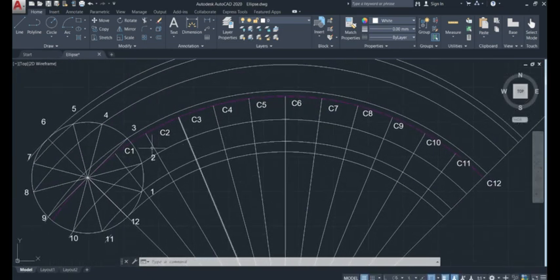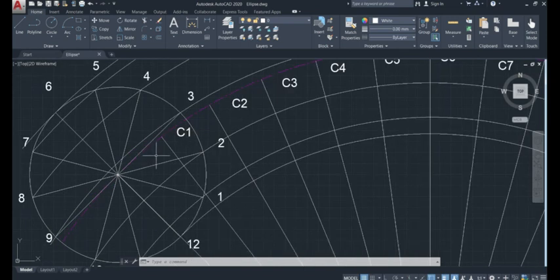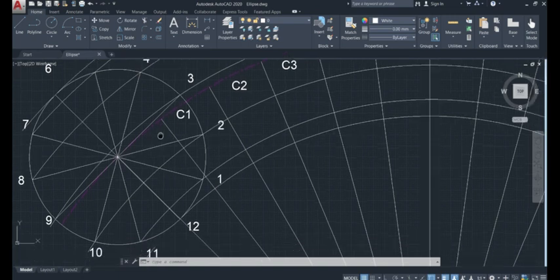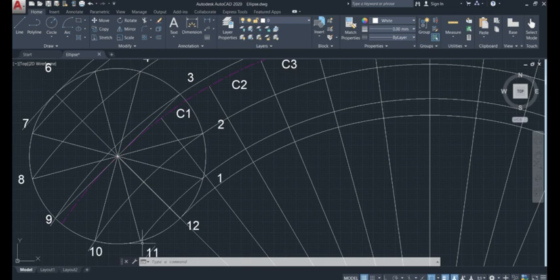So we have got different centers C1, C2, C3, C4 up to C12 here. Next step is we have to draw an arc with the center C1 and radius 20 mm, which is the radius of the generating circle, and this arc should be intersecting the arc which is passing through points 11 and 1 here.